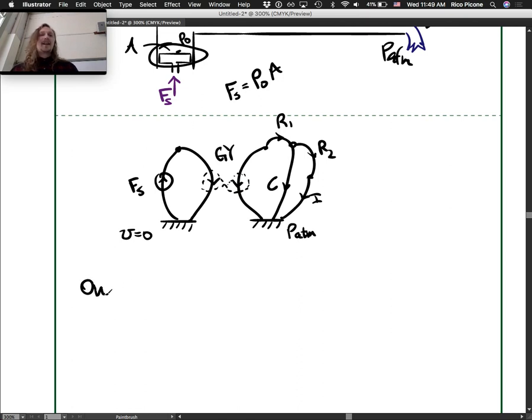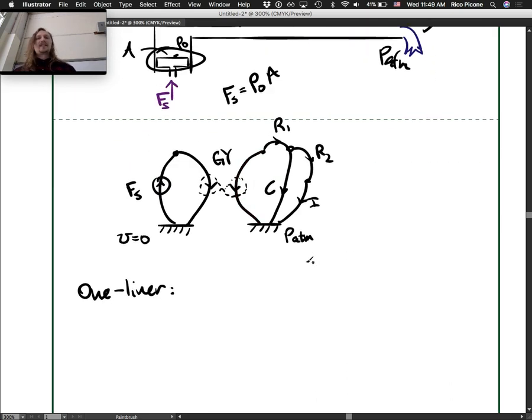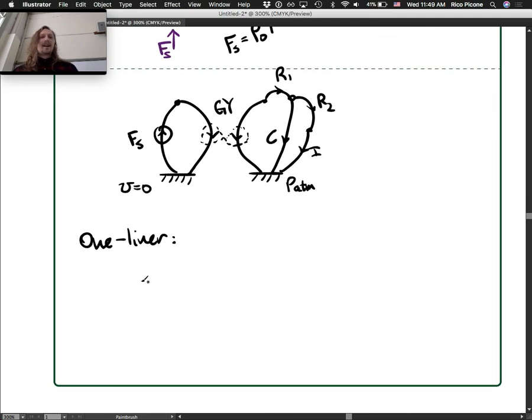Okay, so we've got to find the input impedance. Because we have 1 minute left, we'll do a one-liner. Not hard, because we can combine all of this using the same method. We'll do ZR1 plus, because it's in series with, these two are in parallel, and then these two are in series.